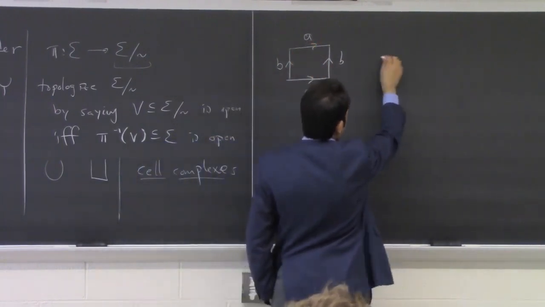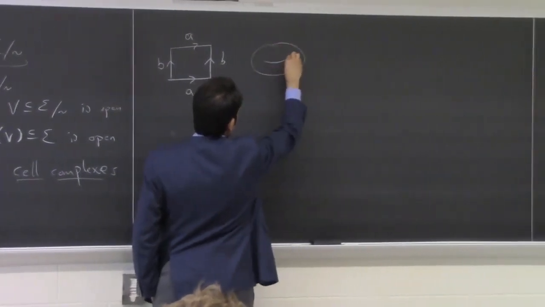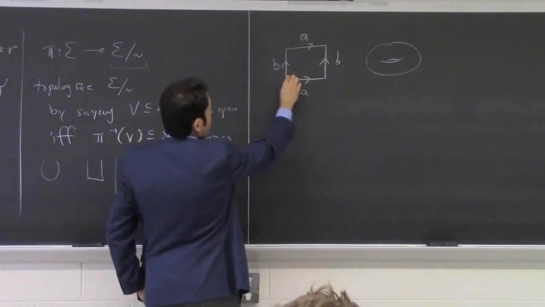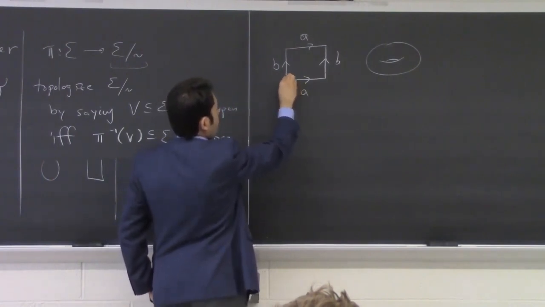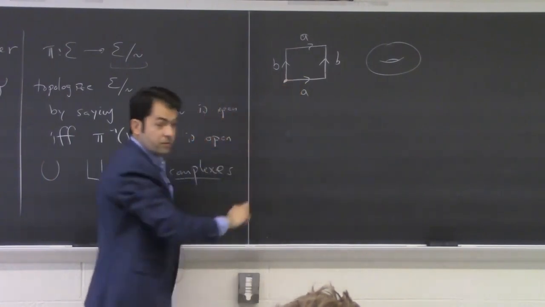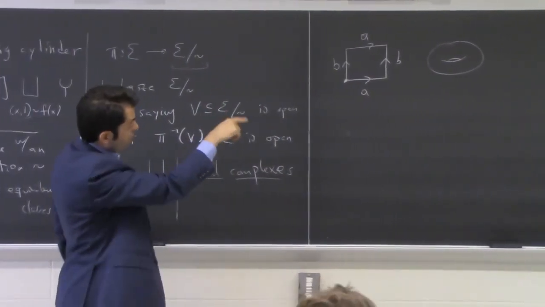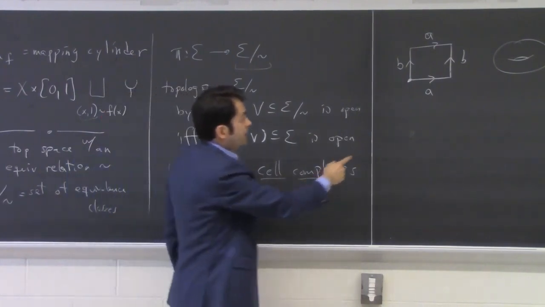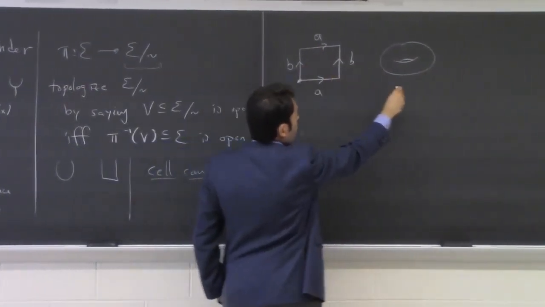And so when you glue them together, you'll end up with a torus. But you can also think that what we have here is a vertex, right? And all of the corners of the square correspond to the same vertex, because once you glue these together, you find that they're loops.